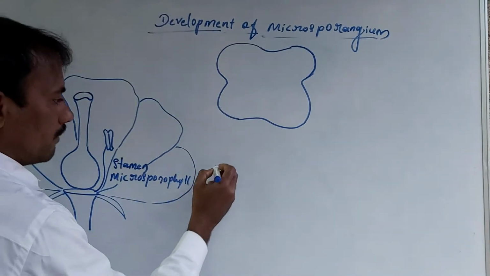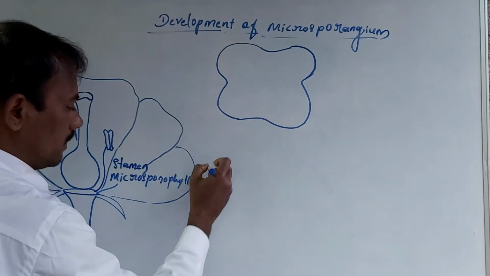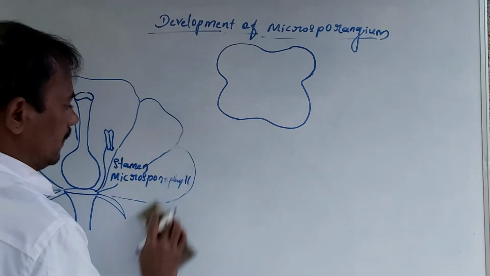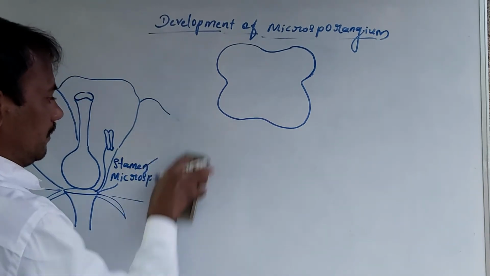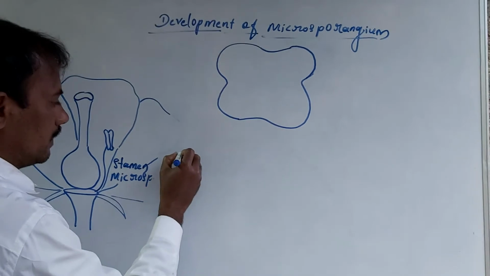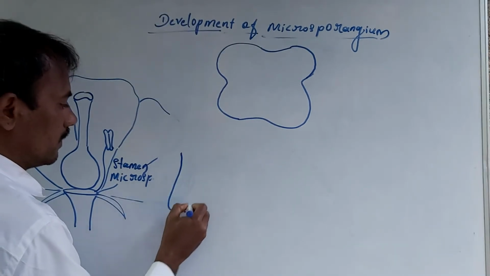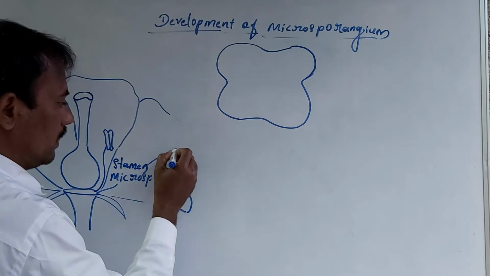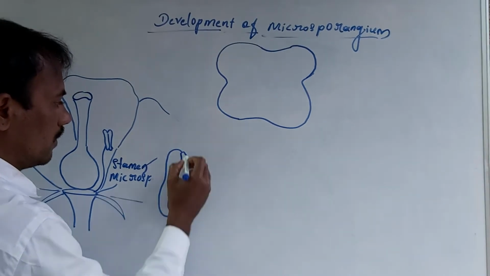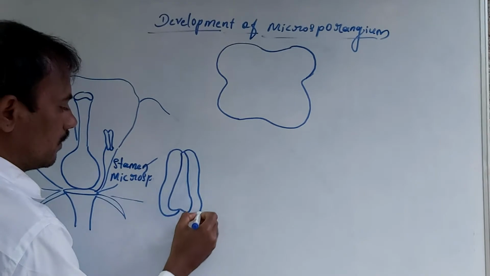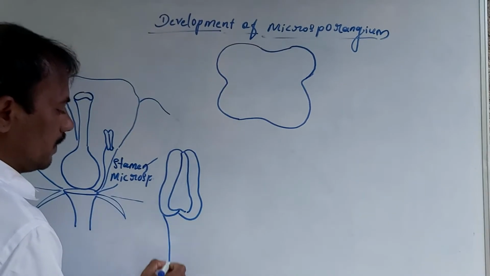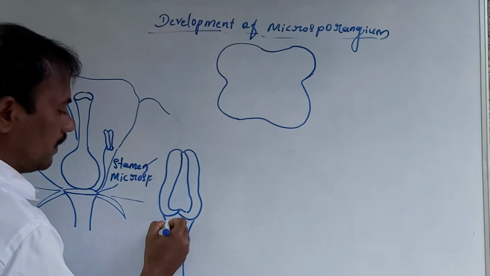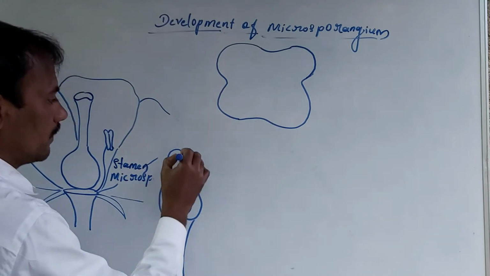So this is the connective of the anther. One anther lobe, another anther lobe, and this is the filament of the anther.